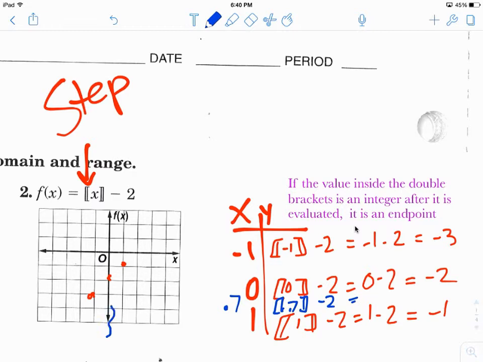So as I'm going up, I get to 0.7. Okay. The greatest integer I've crossed so far is the 0. So this is like a 0 minus 2, which is a -2. So at 0.7, I am still at -2.